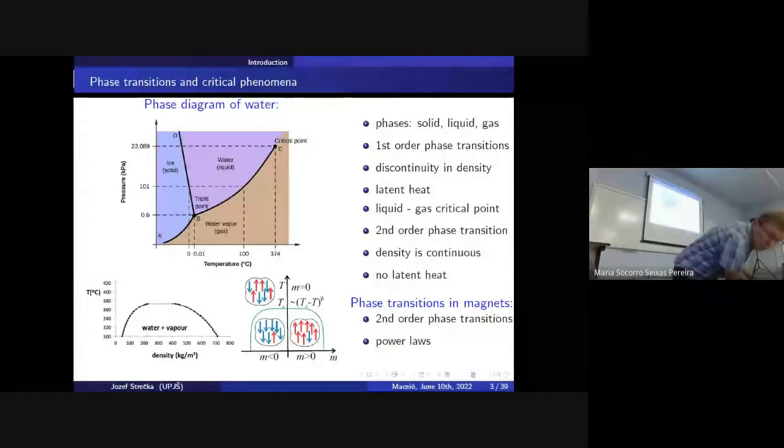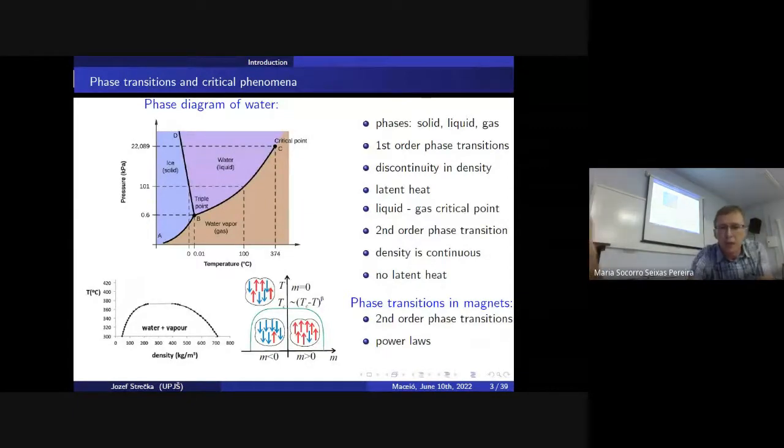Okay, so you can see this kind of typical behavior of density as a function of temperature in the picture down here. So you see that for a given temperature, you can have two kinds of solution with two different densities.